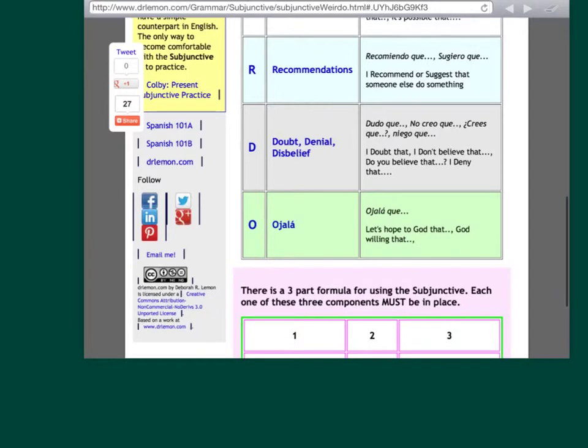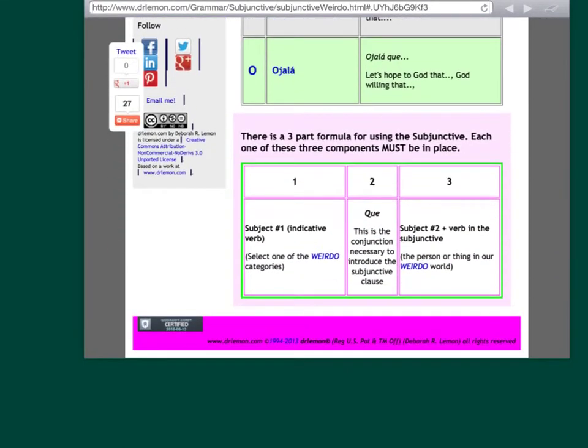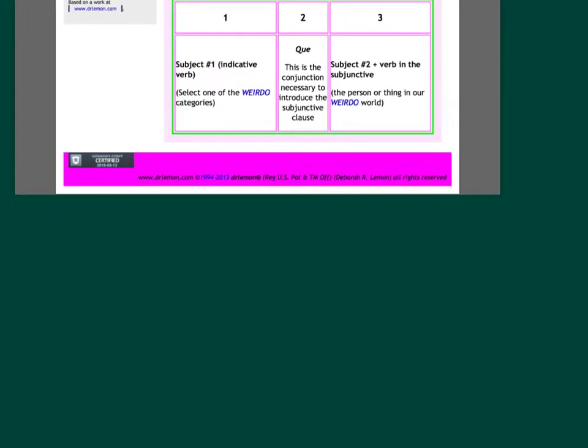Now, in order for a sentence to be in the subjunctive, it needs to follow this three-part formula. Number one, the main clause has to be one of those weirdo situations. Then you'll have a que, and then you'll have a second subject.